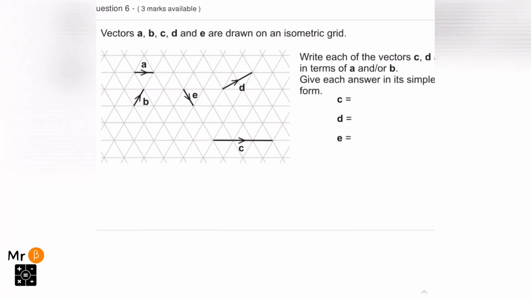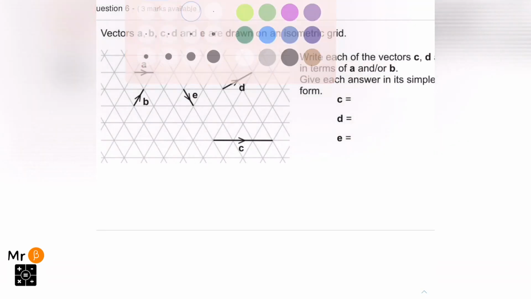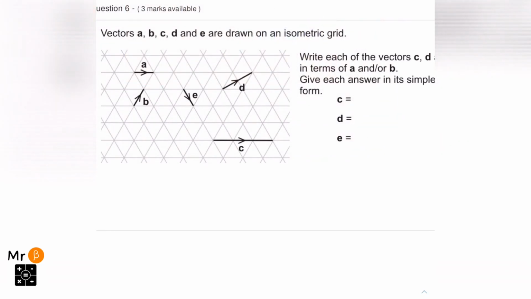So question 6, they've drawn the vector onto the isometric grid, and they've asked us to work out what C, D and E are in terms of A and B. Well, like I showed you earlier, A is this horizontal movement left and right. So if we look at C first, we can see that actually you can fit on 3 A's.